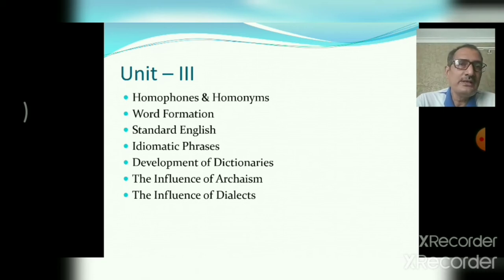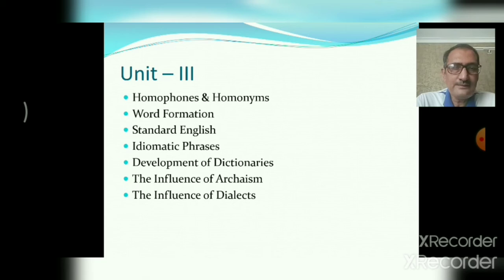So we need to discuss each and every way of making a new word in this short note. Then standard English. Standard English is about the standard measures of English language.